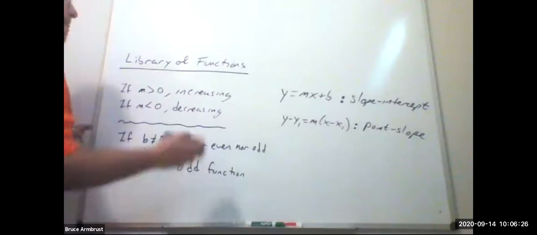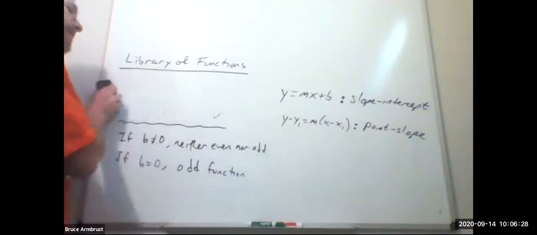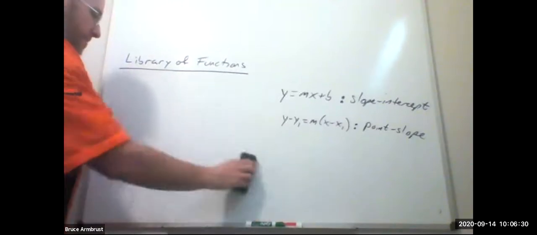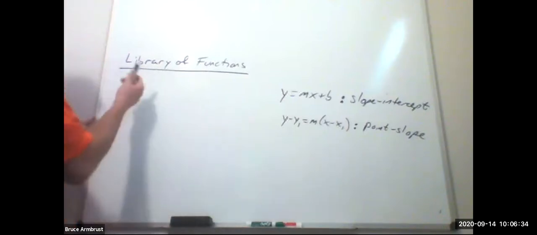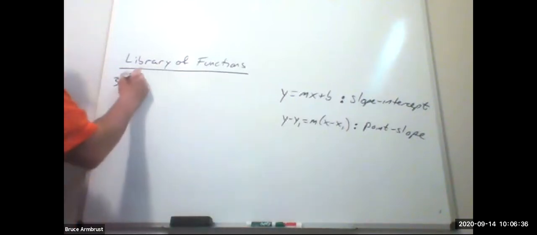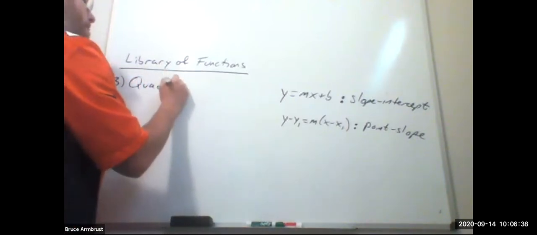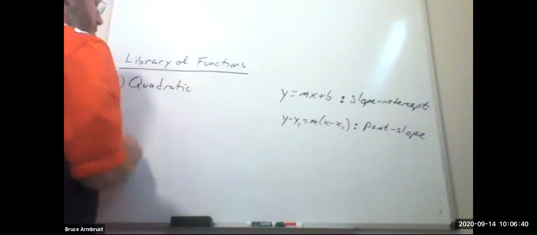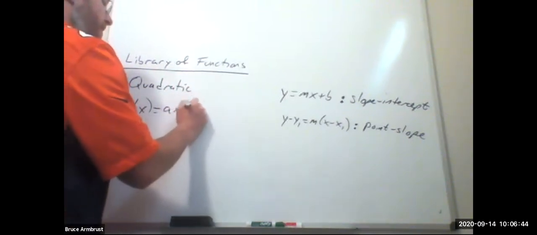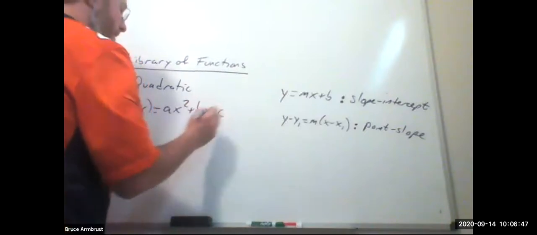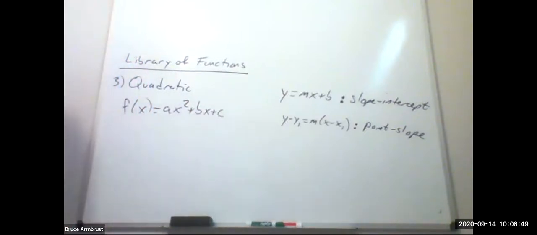All right, so the next set of functions that are kind of useful are the quadratics. So I think this is number 3 on our list. So these are the ones that can be written f of x equals ax squared plus bx plus c.